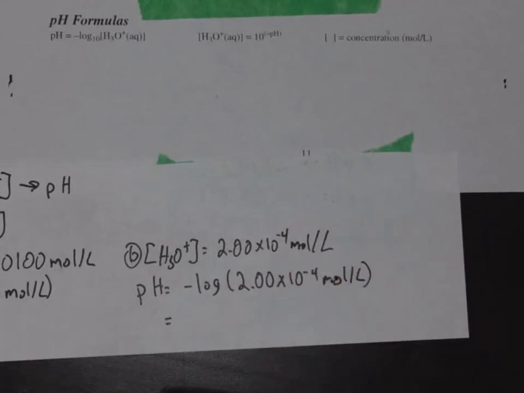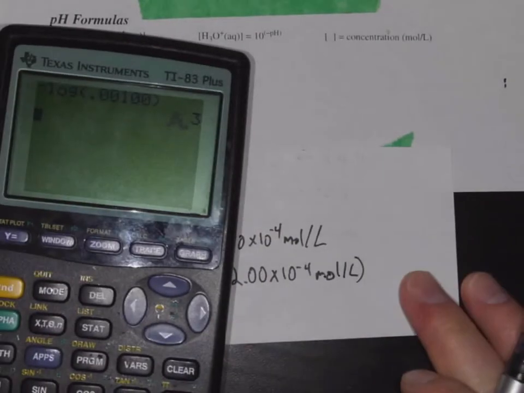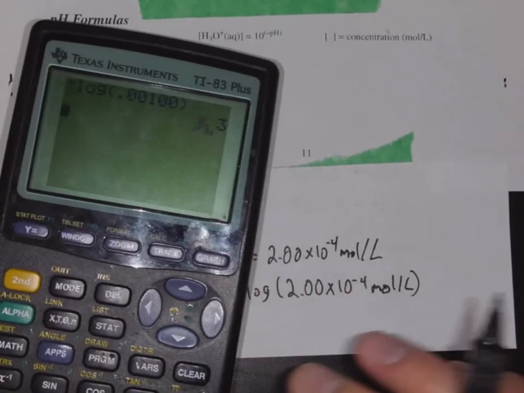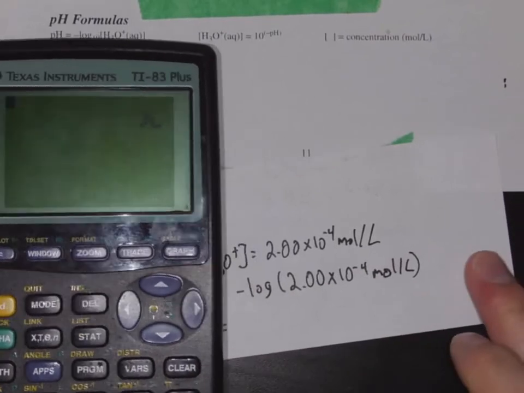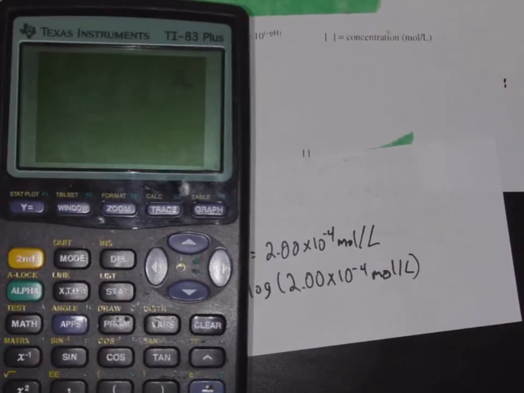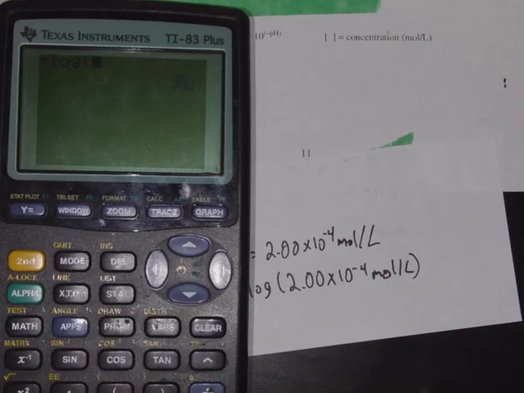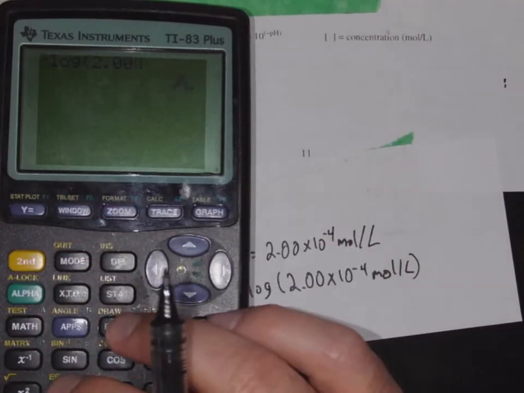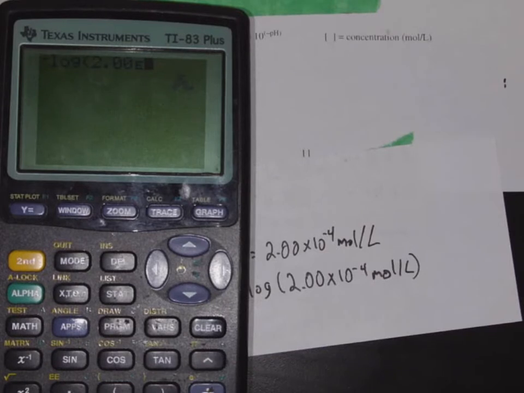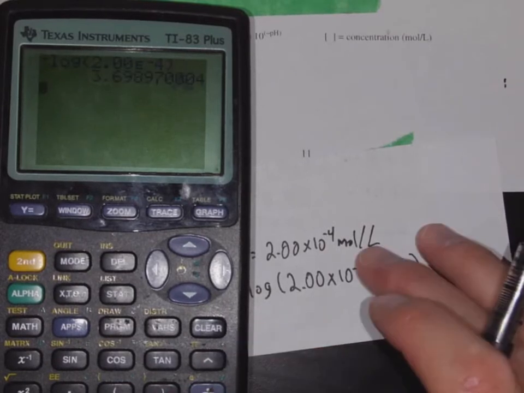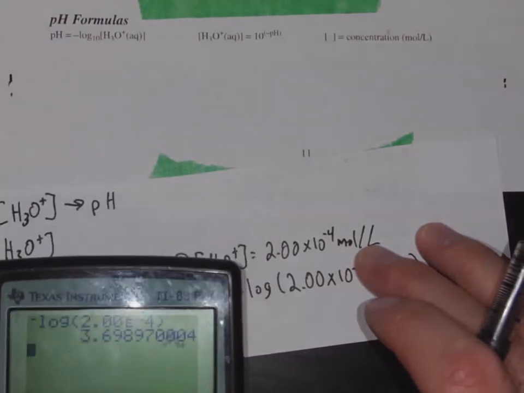Once again, we get our calculator out, clear it, and take the negative log of 2.00 times 10 to the power of negative 4, close the bracket, and there is our number.